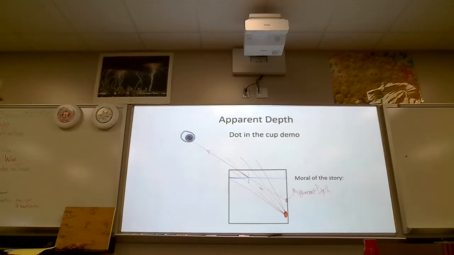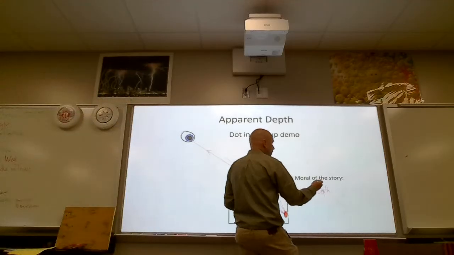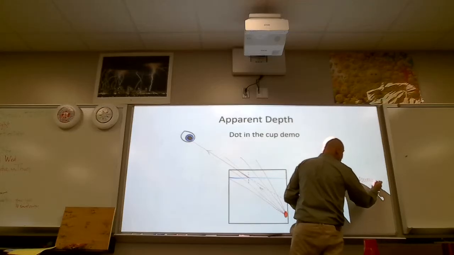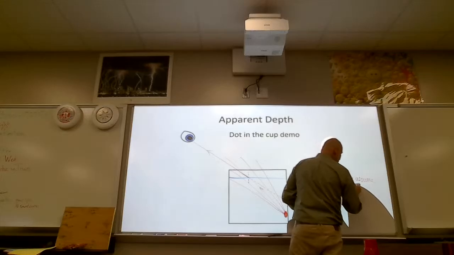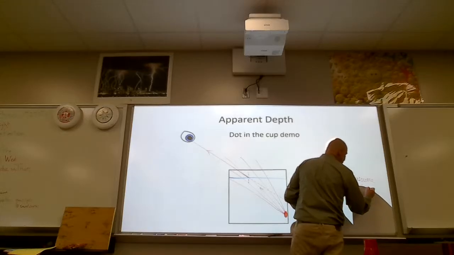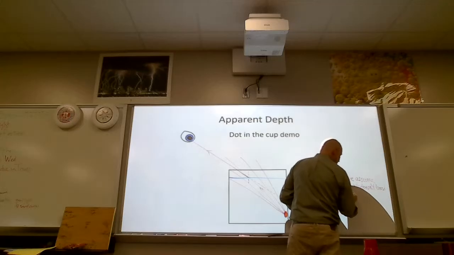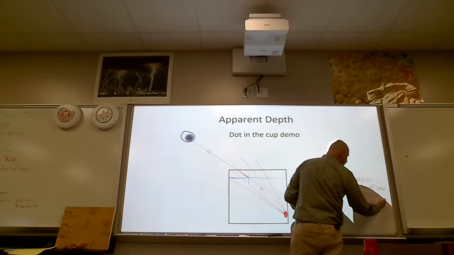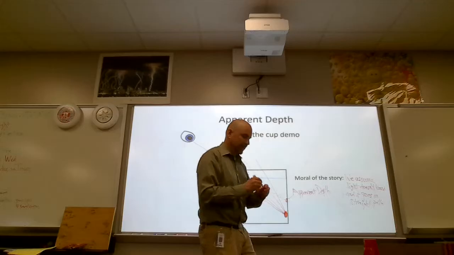So we assume light doesn't bend, and it goes in a straight path. Okay? So that's the apparent depth.